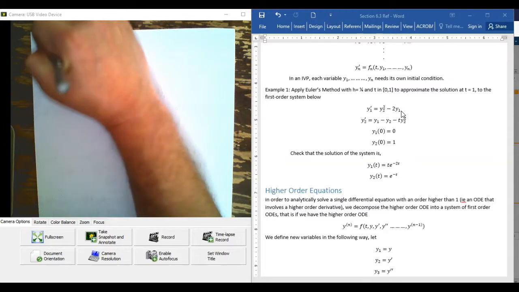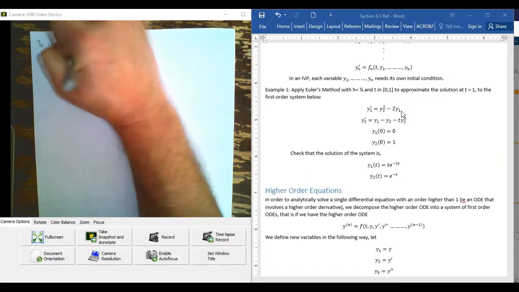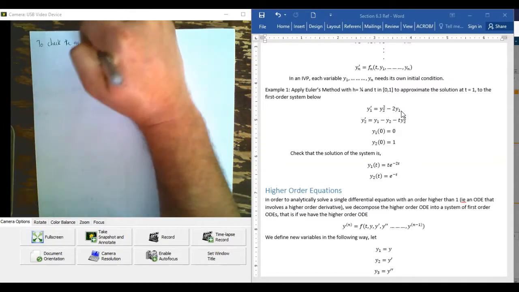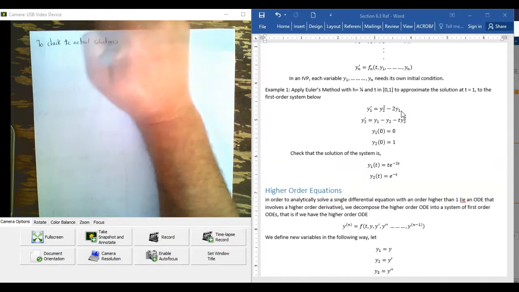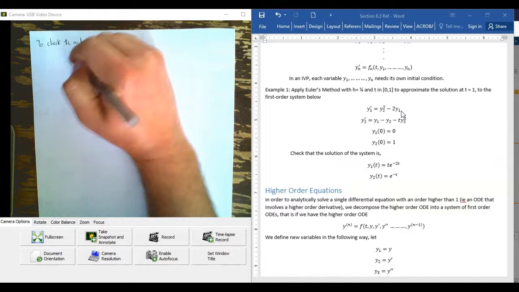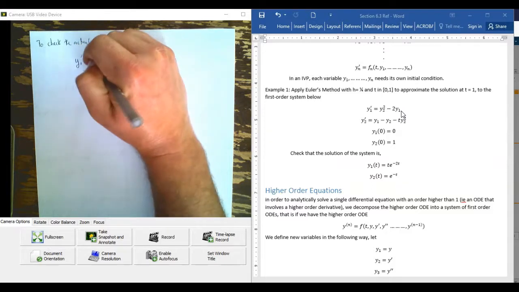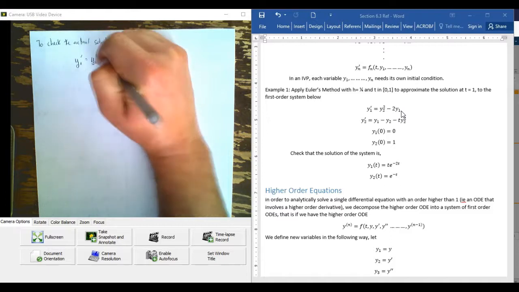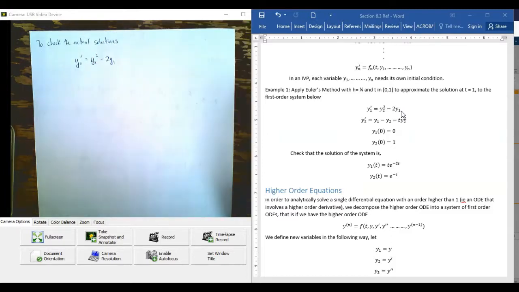To check the solutions, we know that y prime 1 must equal y2 squared minus 2y1, right?